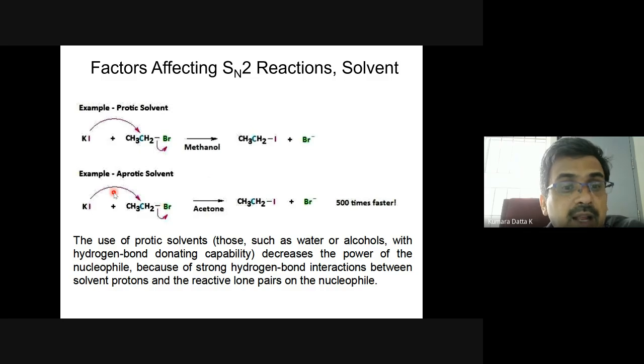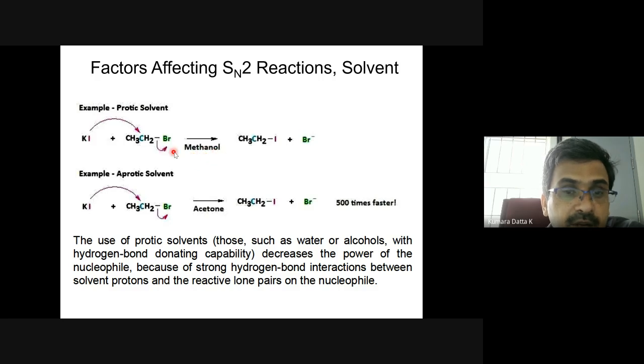But if you take aprotic solvents, you again remember, if you take aprotic solvents like acetone, the reaction rate is 500 times faster. Why? Because if you use protic solvents like methanol, water, or alcohols, these all have hydrogen bonding ability, which reduces the power of the nucleophile.